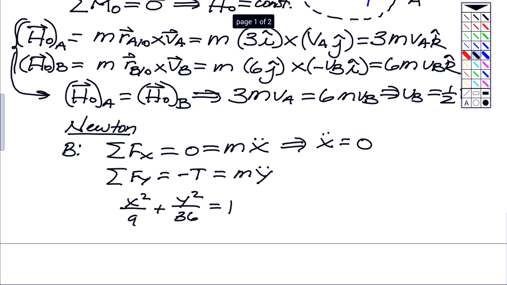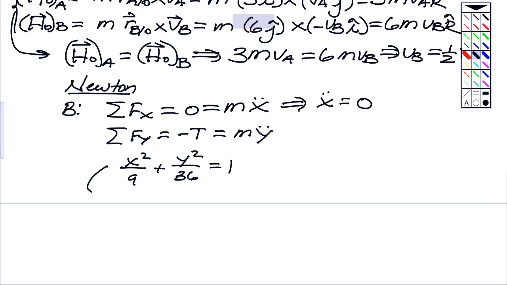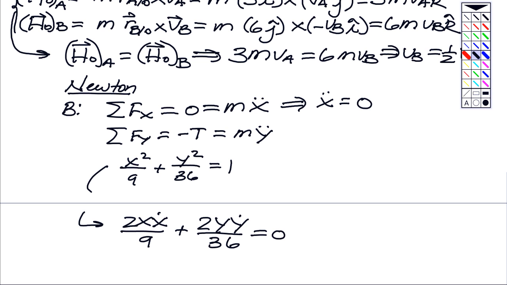I use implicit differentiation. I get 2x x dot over 9 plus 2y y dot over 36 is equal to 0.